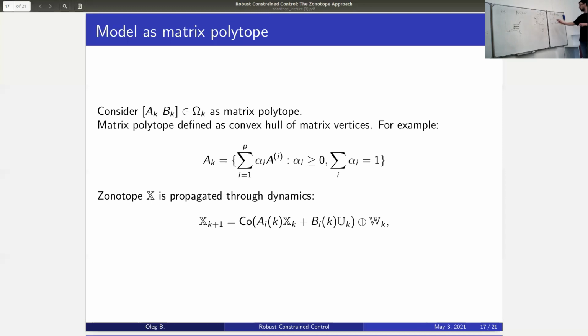Our dynamic equation is x k plus 1 equals A x k. Then we put this part into this part and get that x k plus 1 is a linear combination of our two dynamics. And that's all.